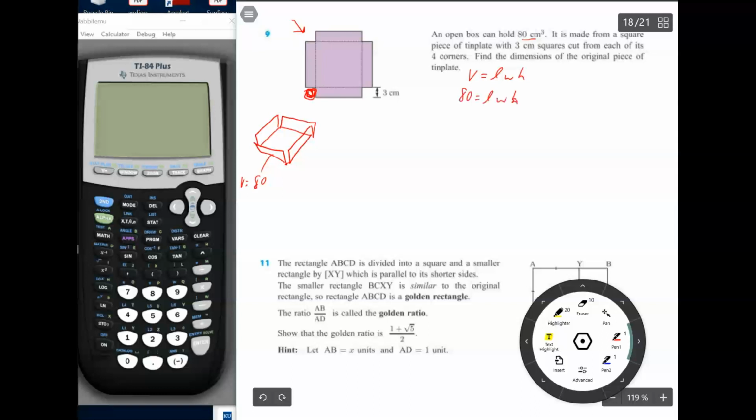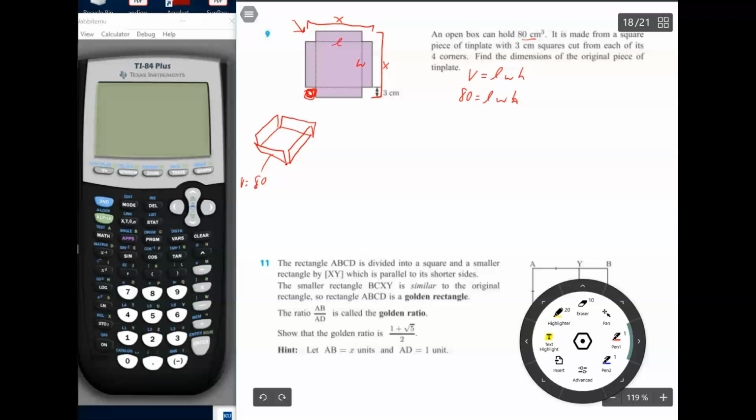Do we know length times width times height? Well, it's a square piece of tin plate, so what if we call the original dimension of the tin plate x? Then we know both sides are x because it's square. But the length and the width that we're talking about here is this and this.